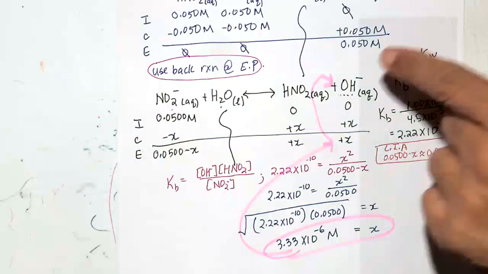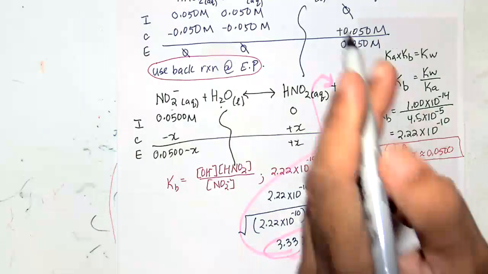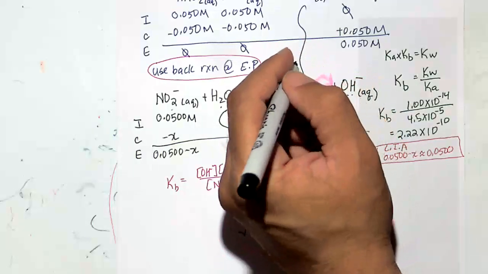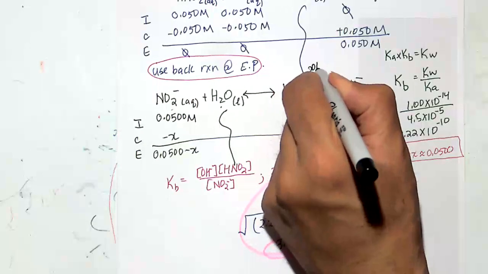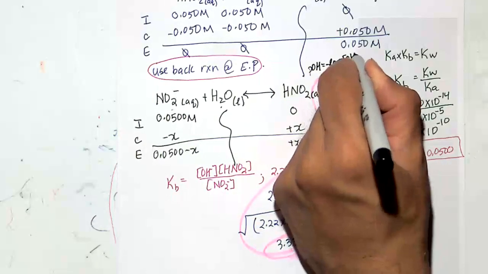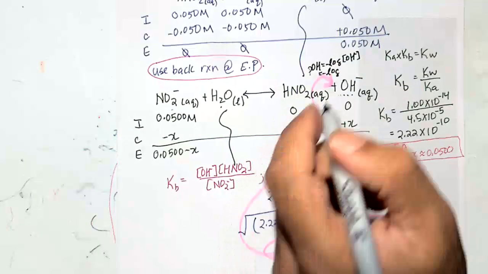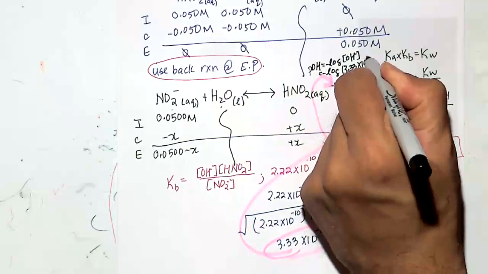Are we going to calculate pH or what? You have to find pOH. Correct. Say it with more confidence. That's correct, pOH. So we will calculate pOH, which is minus the log of OH minus, which is minus the log of 3.33 times 10 to the minus 6.